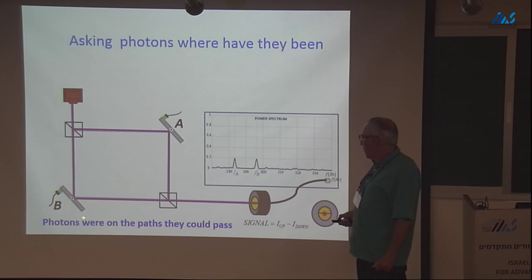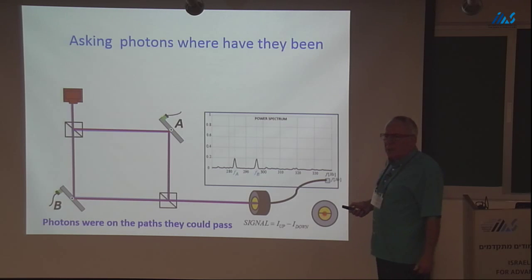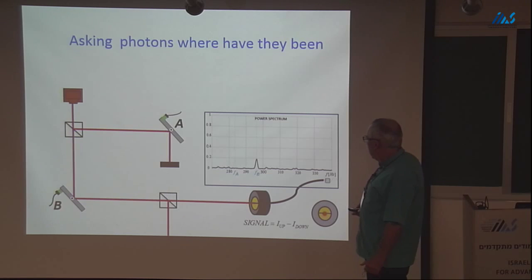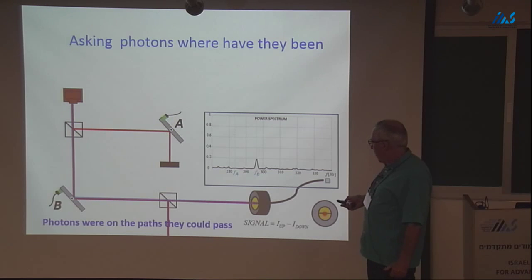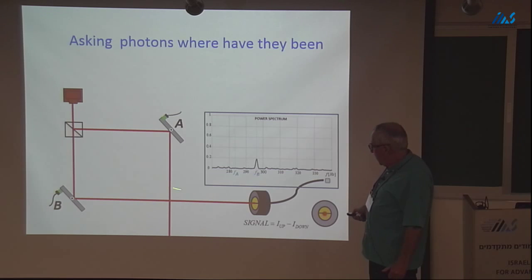So this was reasonable, because photons were on the path they could pass. Wheeler once had this idea, and we said, yes, he's right. We tested it. When we blocked this, naturally, there was also wiggling here, and we didn't see this frequency. Or when we took this beam splitter out, these photons go out.